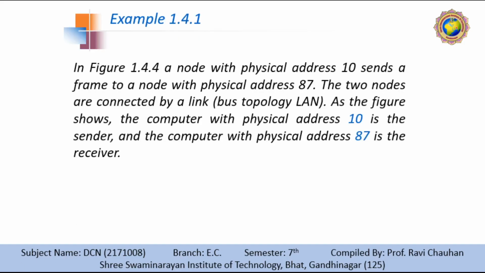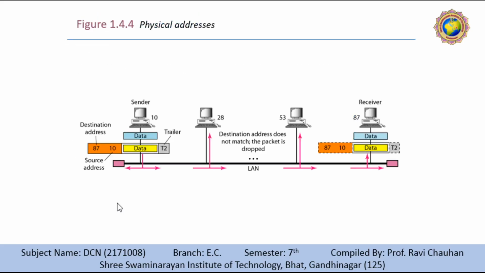Let's have an example. In the given figure, it shows the physical addressing concept. Over there, our sender, which has physical address 10, will send some data to the receiver which has physical address 87.